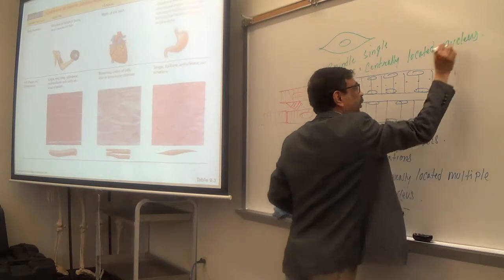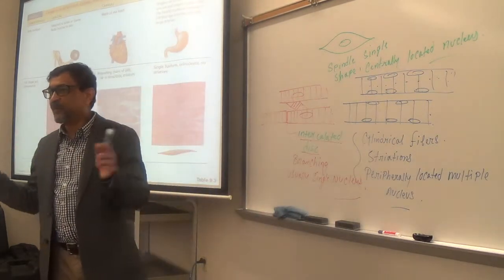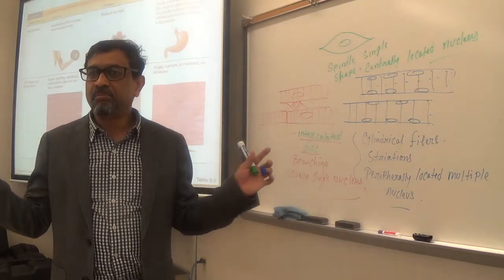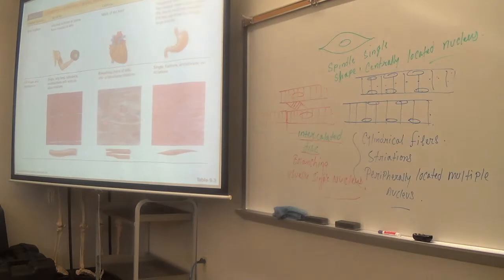So it is very simple, right? No striation, no intercalated disc, no branching. Just a fiber and a single nucleus centrally located.